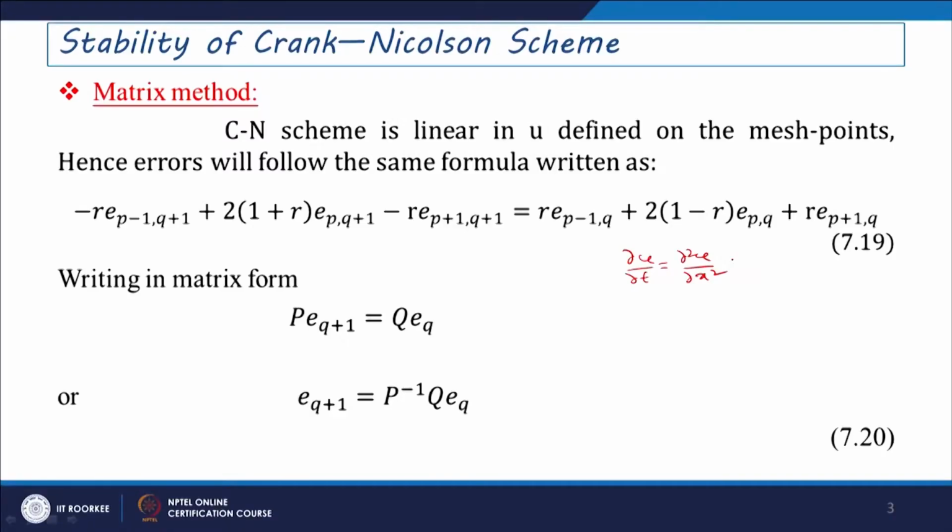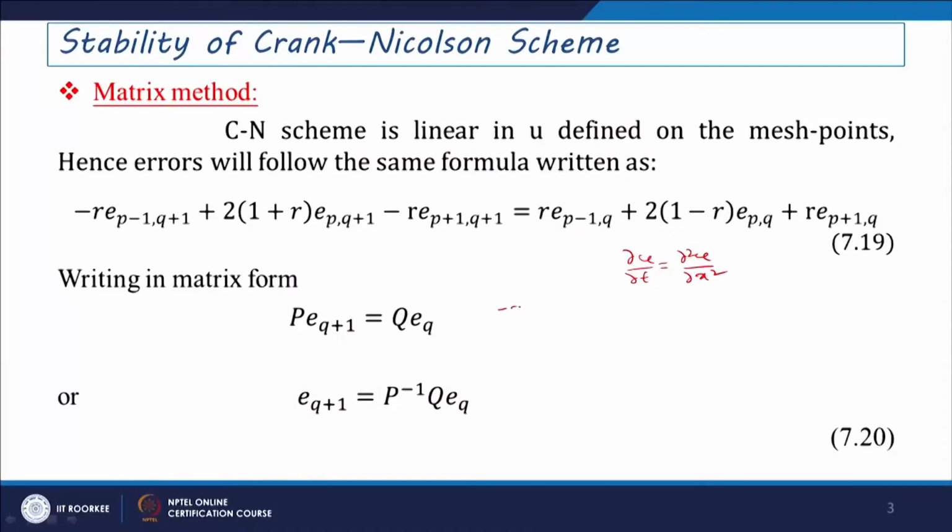If you consider u as the true solution and u star as an approximated solution, as I discussed in the last lecture, and take the difference u minus u star, that will give you the error terms.